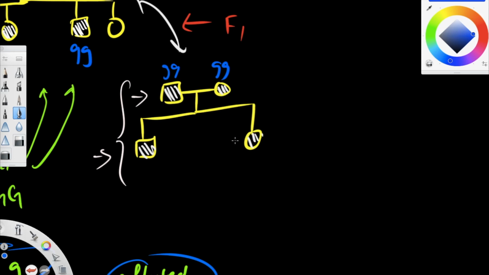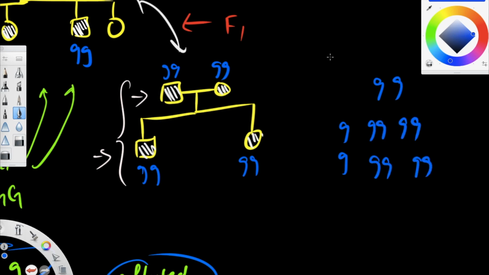And these two are affected, therefore they have lowercase g as well. If we do the Punnett square crossing, or monohybrid crossing, because we're only dealing with one gene here, then we can see that this makes sense. All of the offsprings can only have little g genotype, and therefore 100% of the offsprings must be affected.